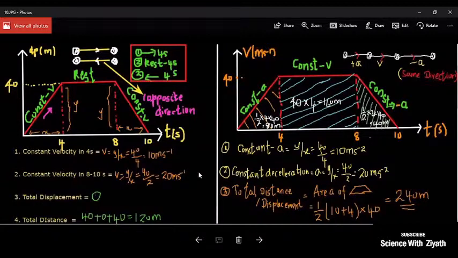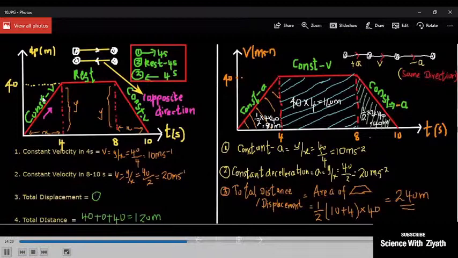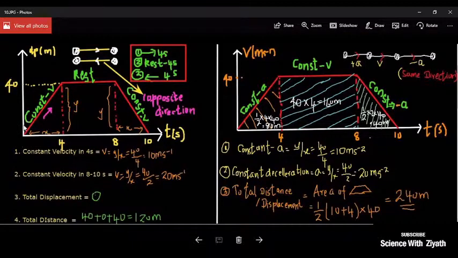The basic idea: if you see this, in the displacement time graph, this is constant velocity. Here in the velocity time graph, this is constant acceleration. Here in the displacement time graph, this is rest. And in the velocity time graph, here constant, this is constant velocity.